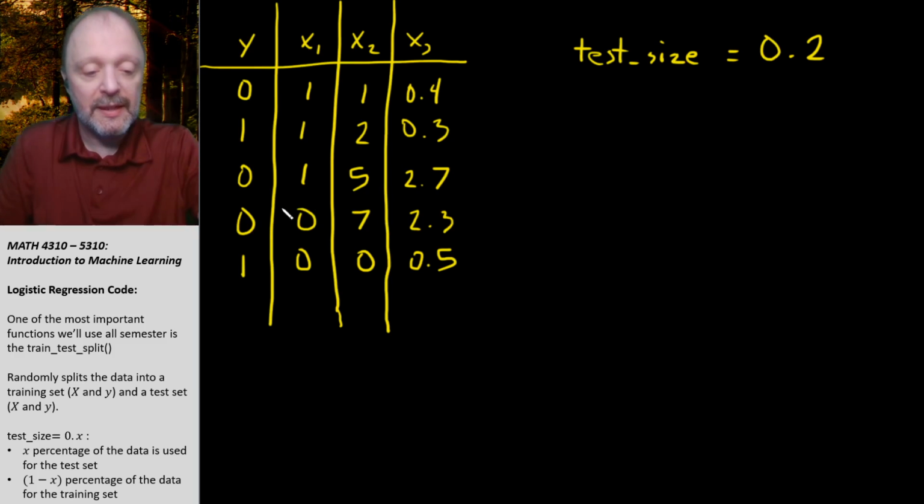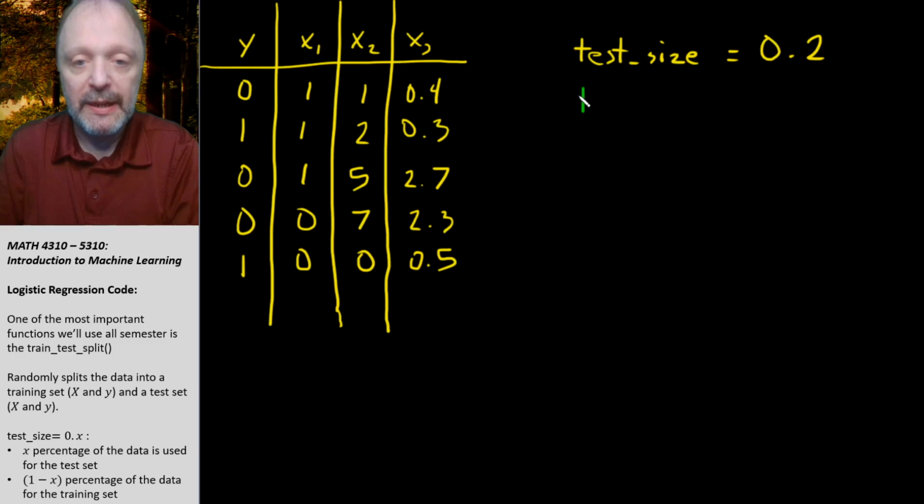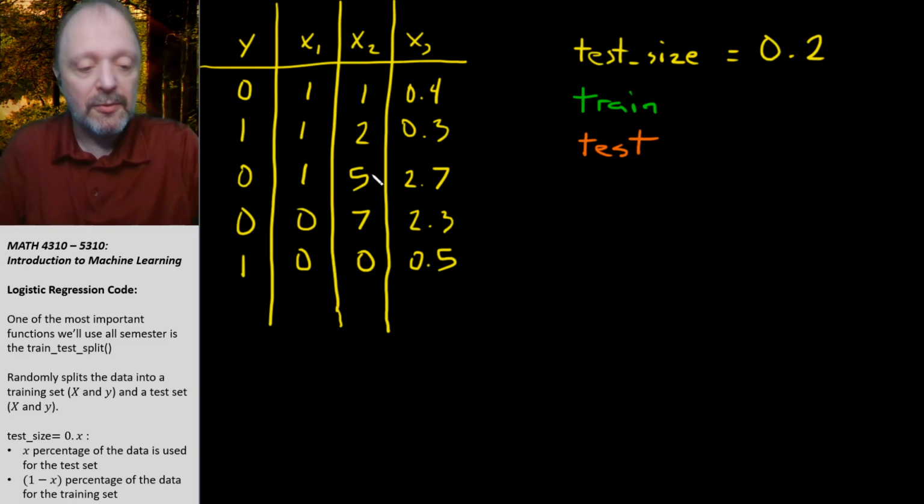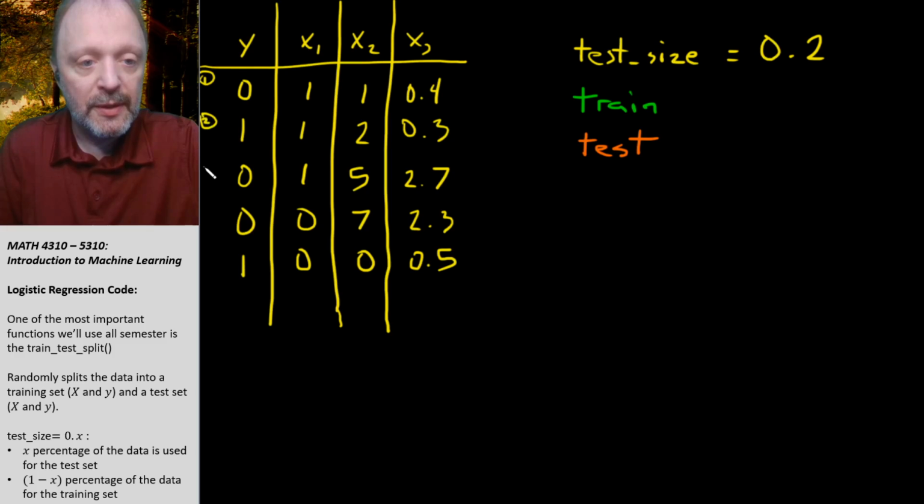So let's say that the training examples are in green and the test example is going to be in orange. I'll do one last thing, it won't actually be used, but this is number 1, number 2, number 3, number 4, and number 5, just so I can reference them.